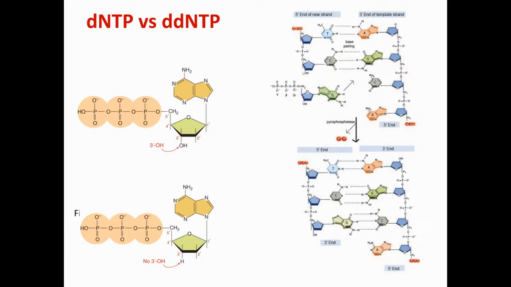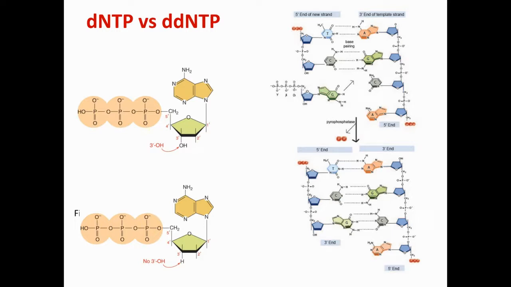Now, if you replace this oxygen with this hydrogen, that's dideoxy. Therefore, there's no oxygen available to perform the SN2 reaction. Therefore, this incoming nucleotide will not be able to bind, will not be able to form the phosphodiester bond, and then the synthesis will be terminated. That's why it's called chain termination sequencing.